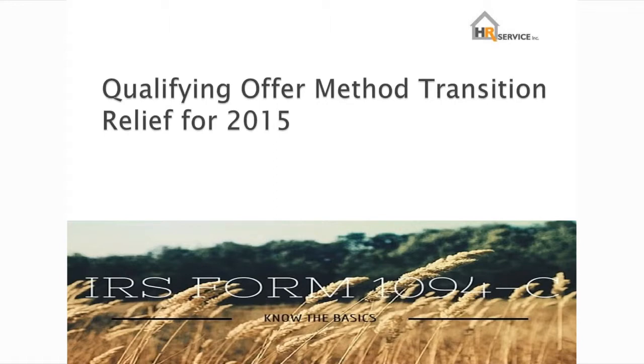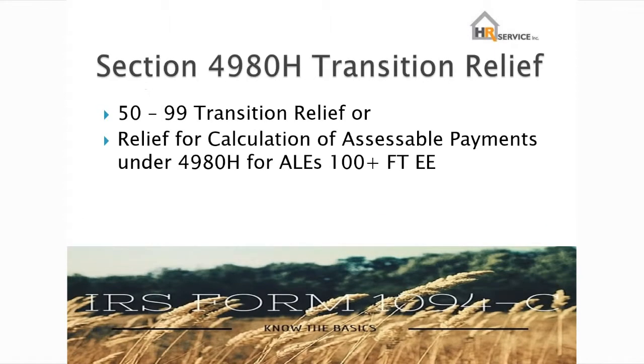All right, to be eligible to use the qualifying offer method transition relief, you must certify that you made a qualifying offer for 1 or more months of the calendar year to at least 95% of your full-time employees. If your employee size was 50 to 99 during 2014, you have transitional relief to not be required to provide coverage for 2015, although you still have to submit the ACA reporting requirement for the 1095 and 1094 documents.